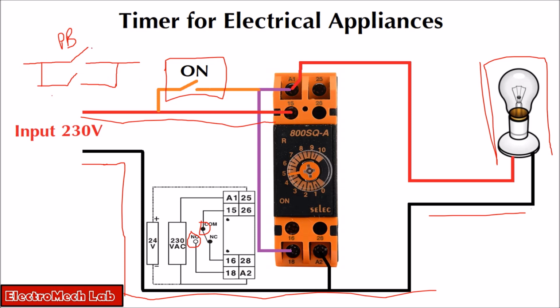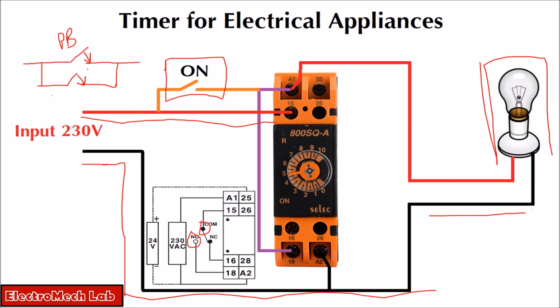So what happens when I press this push button? This timer is switched on. As soon as this timer is switched on, this relay, common and NO, is also switched on. So in this case, this is pressed and this is switched on internally.